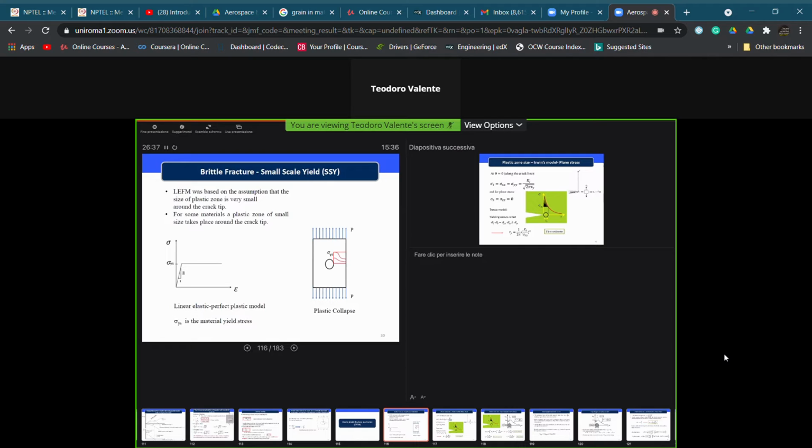And by using also another constitutive model of the material behavior, which is reported simply here, that is the perfect linear elastoplastic model.